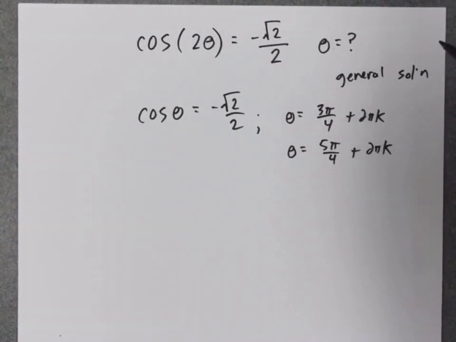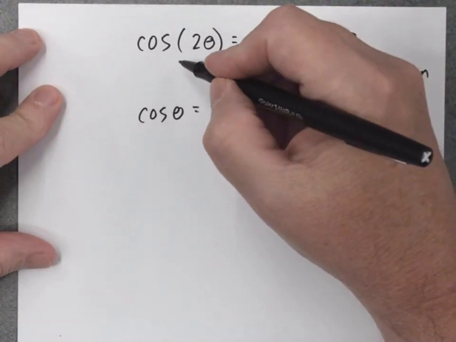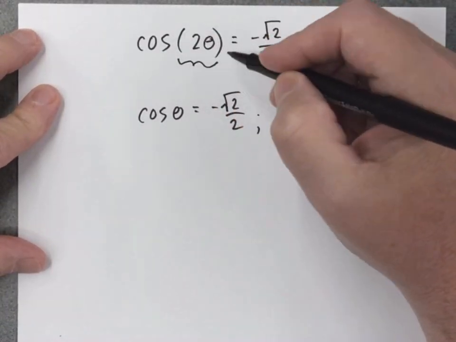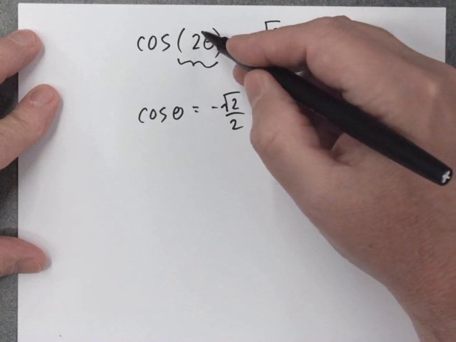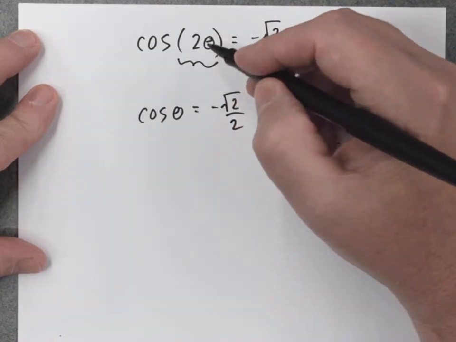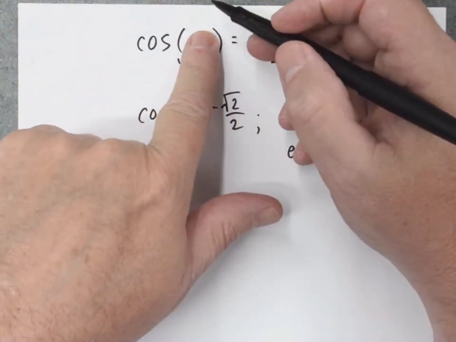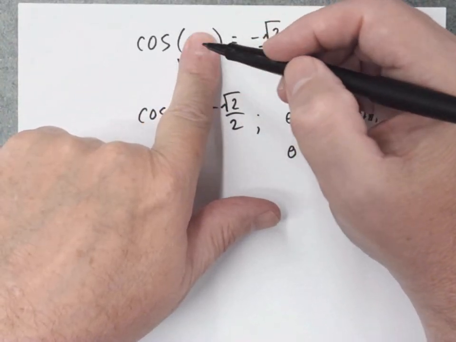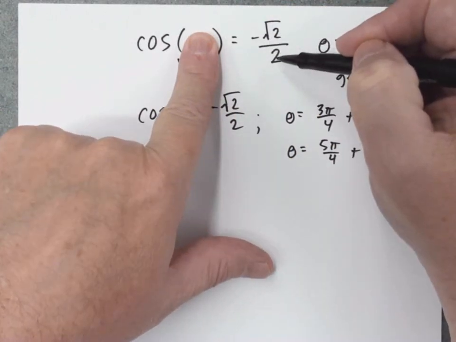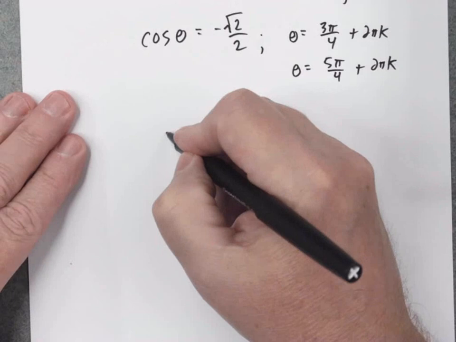What I want to do is, here I have 2 theta. I want to initially not even think of what's inside the trig function. I just want to say, the cosine of what equals negative square root of 2 over 2?